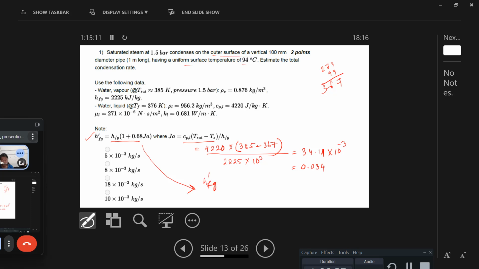Alright, now we calculate this HFG prime. So HFG prime is equal to HFG, which is 2225 into 10 cube, into 1 plus 0.68 into 0.034.